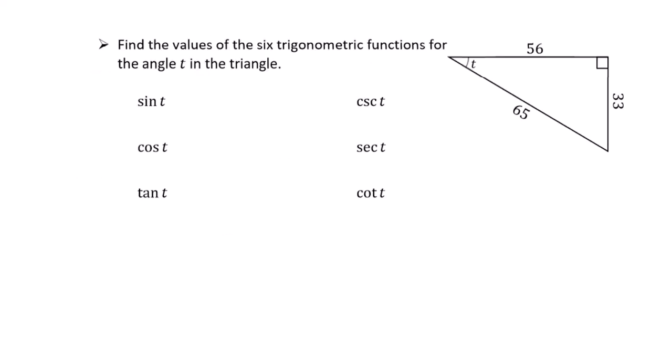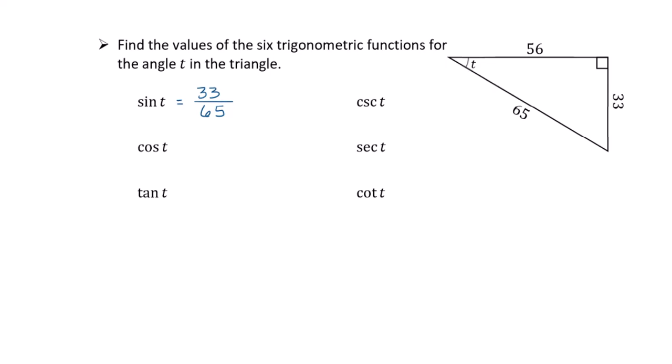Find the values of the 6 trigonometric functions for the angle t in the triangle. We can use SOH, CAH, TOA to get the sine of t, cosine t, and the tangent of t. Sine of t is opposite divided by hypotenuse, so 33 divided by 65.